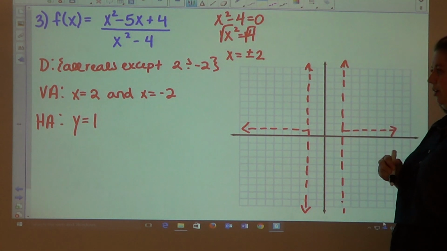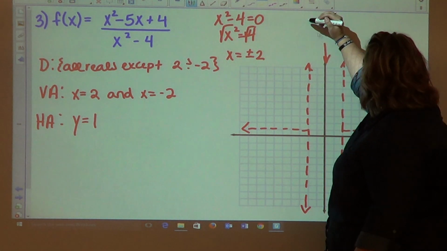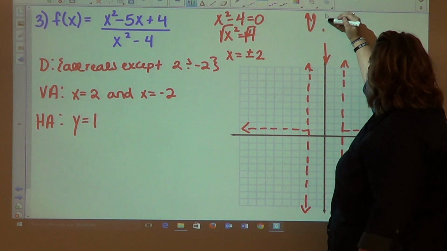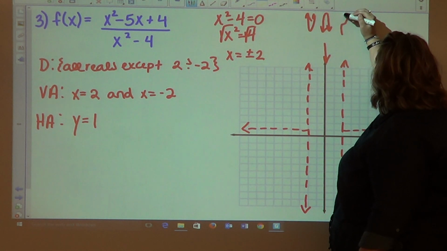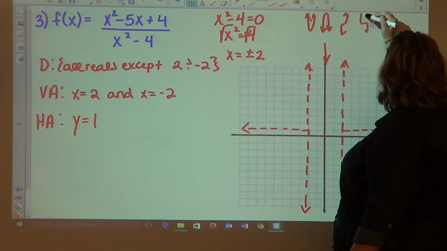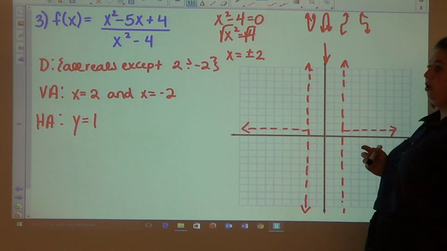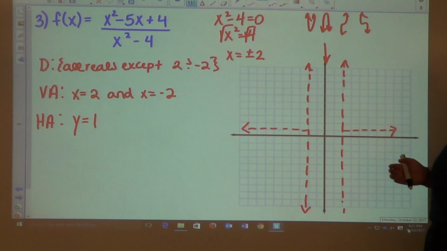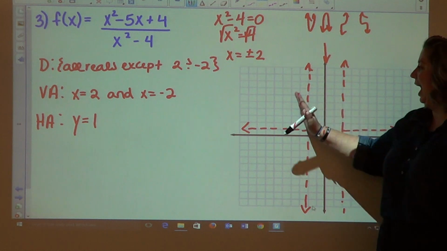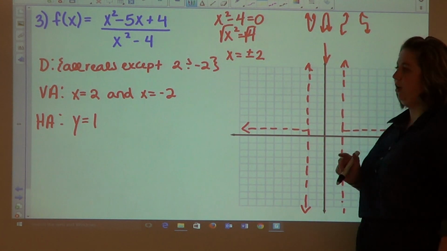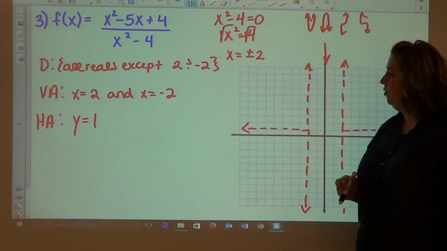I know it looks weird. This middle part could either look like a quadratic or it's going to look like a cubic. So either a square or a cube. The only way we're going to know is to plug points in. The outsides are going to look like what we just did on 1 and 2.